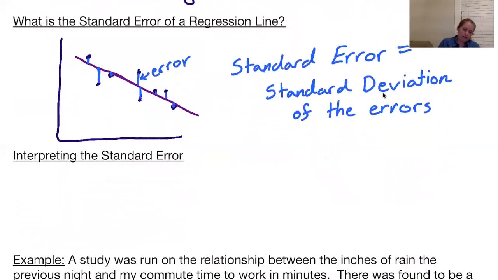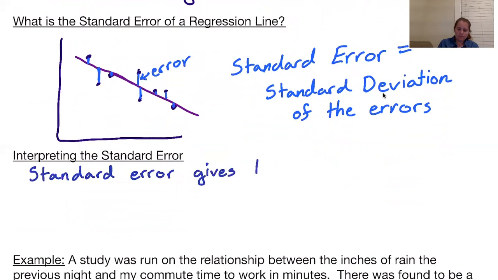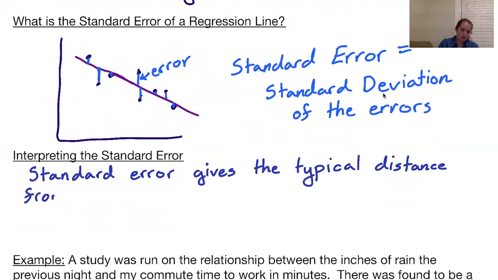So the standard error gives the typical distance from the regression line's prediction.